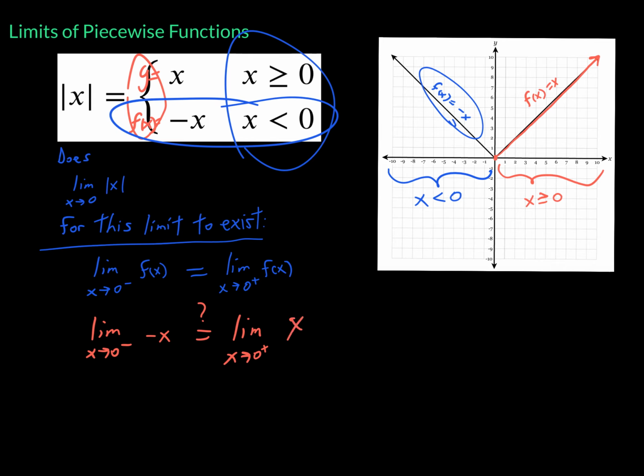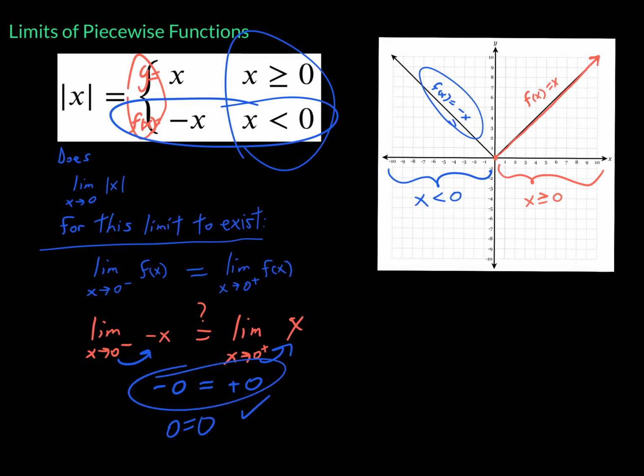Let's now plug in and see what we got, because the rule with a limit is the first step is plug it in, and if you can do that and get an answer, you're done. So if you plug in a 0 there and you get negative 0 equals positive 0, well, this is the one unique number where that's the same thing. 0 equals 0.